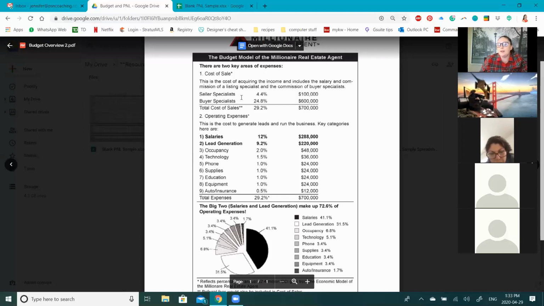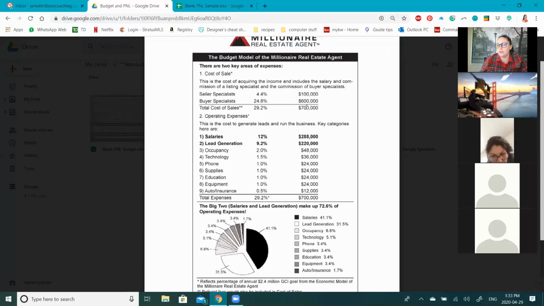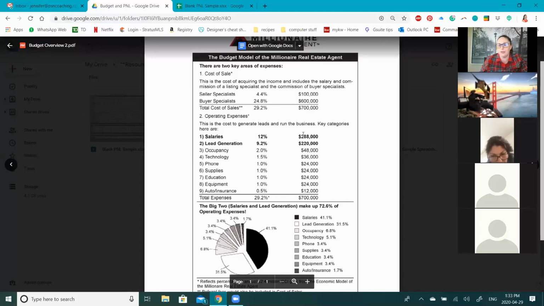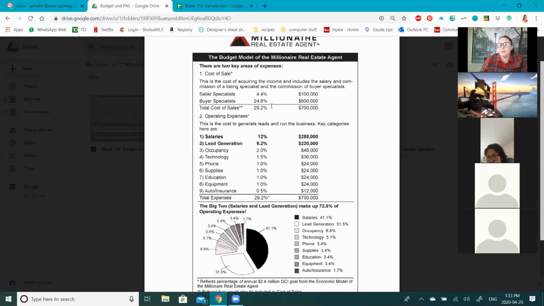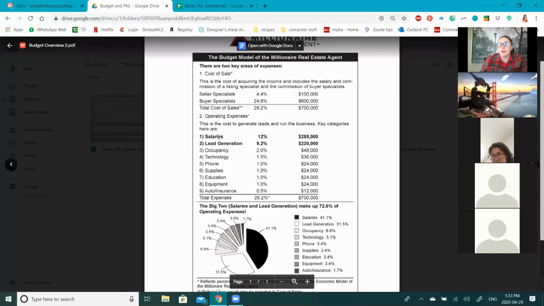We don't have that in our business. We are the buyer agent, we are the listing agent, we are the admin, we are the janitor, we're the marketing person, we're everybody, right? So our cost of sales in our business is going to be this stuff down here, our operating expenses mainly. And this section up here is what we pay ourselves.